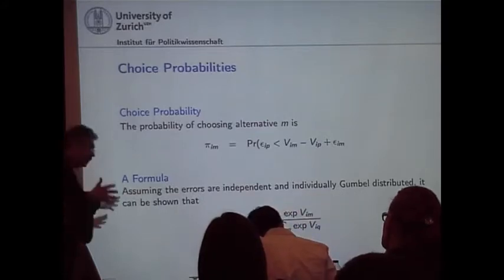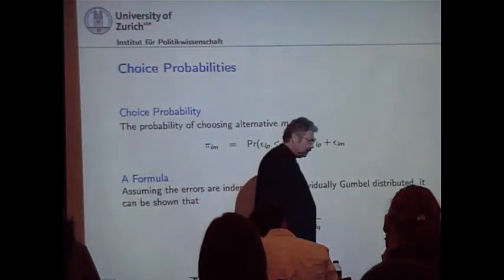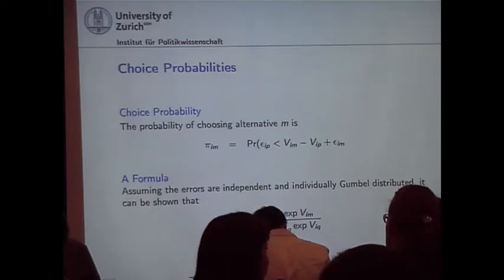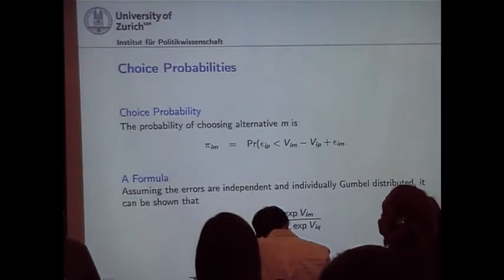Basically, it's computationally much simpler, because what you would have to do in a multinomial probit model is to say, well, these epsilons are all related to each other. So say we have three alternatives, we have three epsilons. Let's impose a trivariate normal distribution with a covariance matrix on this whole thing. That's much more complicated.